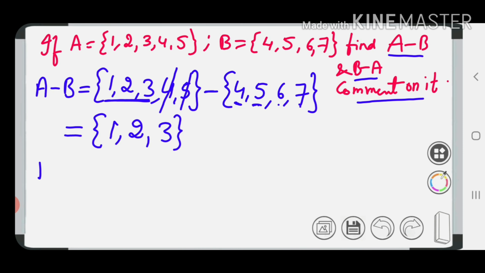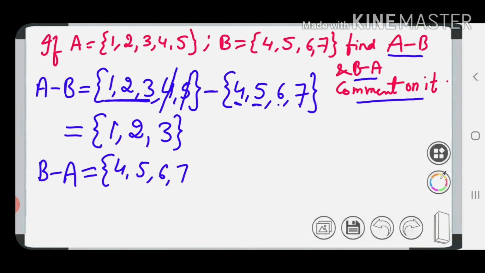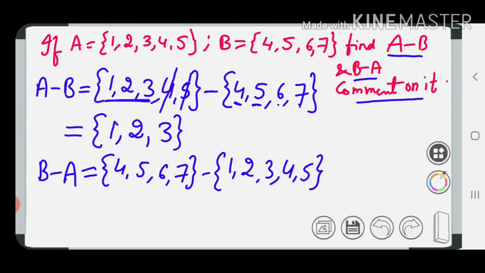Next, B minus A. B minus A means first you have to write B value, that is {4, 5, 6, 7} minus A. A means {1, 2, 3, 4, 5}. Whatever the elements in A, we have to cut in B. 1, not here. 2, no. 3, no. 4, yes, it is here, you have to cut.